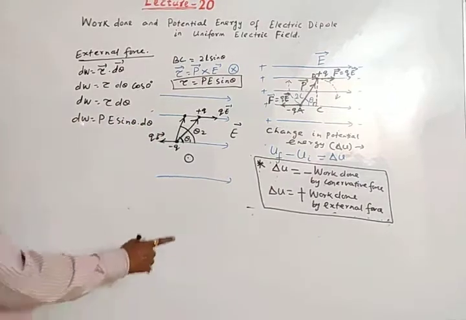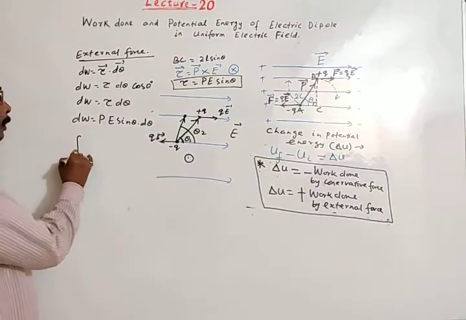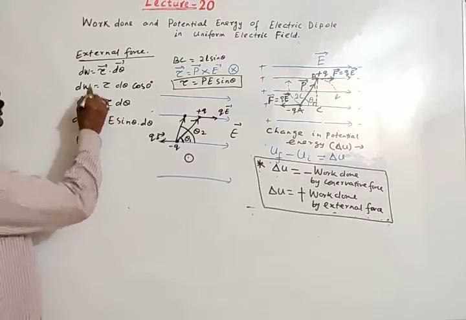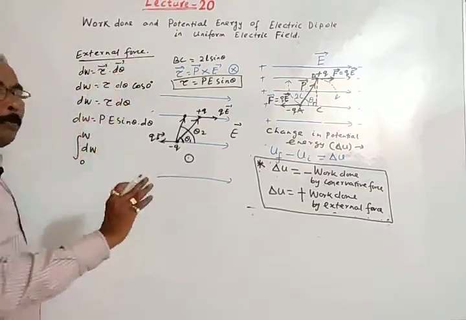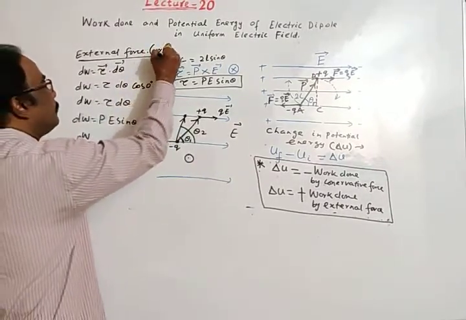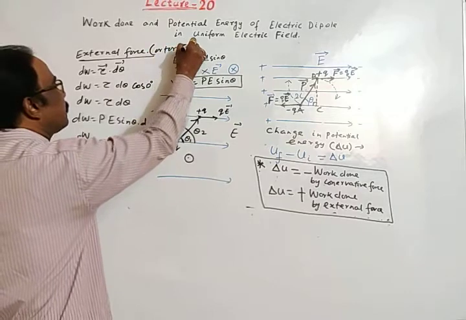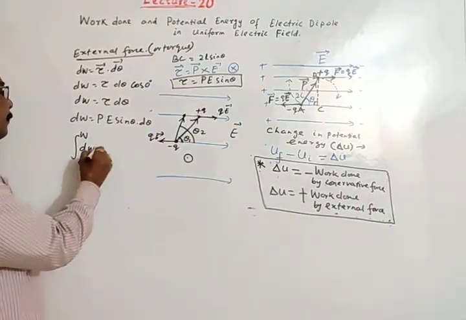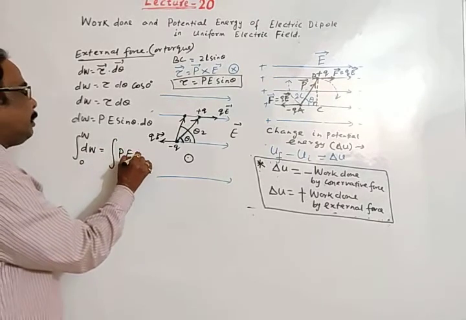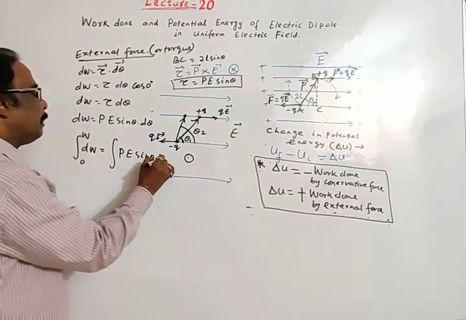Then to get total work, let's integrate both sides from 0 to W. This is work by external force or external torque, and it equals the integration of p E sin theta d theta.